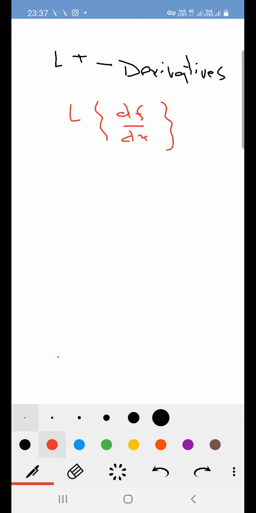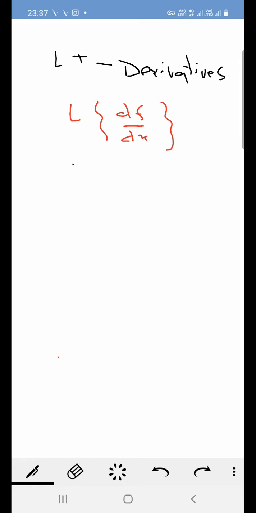So according to the rule, this should be equal to the integral from 0 to infinity of e to the power minus px into df by dx into dx.